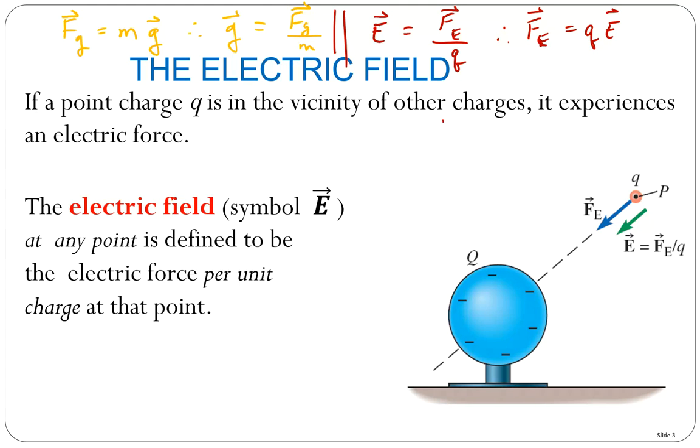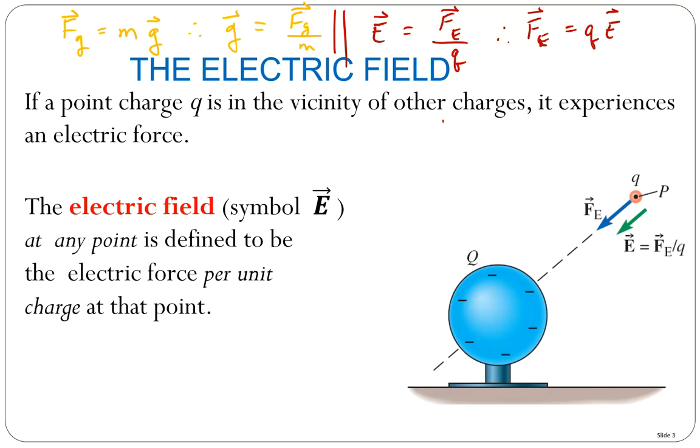Notice those equations are exactly analogous except I wrote them in reverse order. I put force as the leftmost and the rightmost, and fields are the middle ones. So everything we learned about how gravitational force works just the same with electric field and electric force, except for one peculiarity.